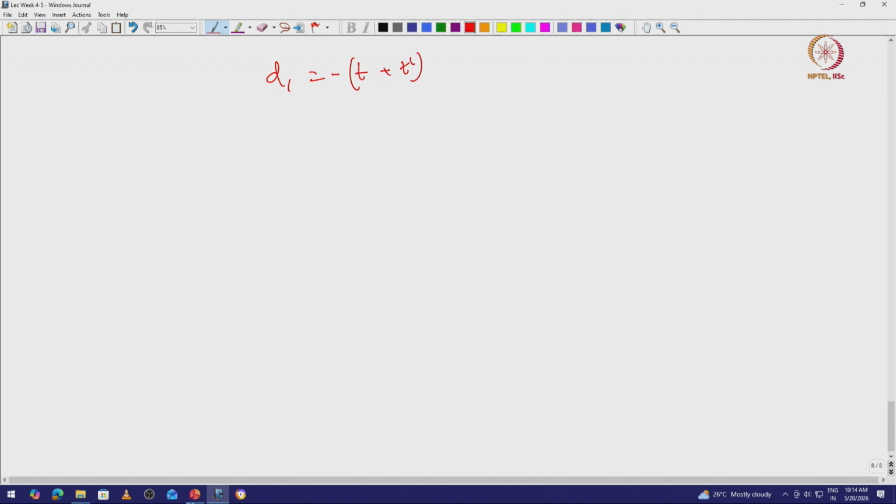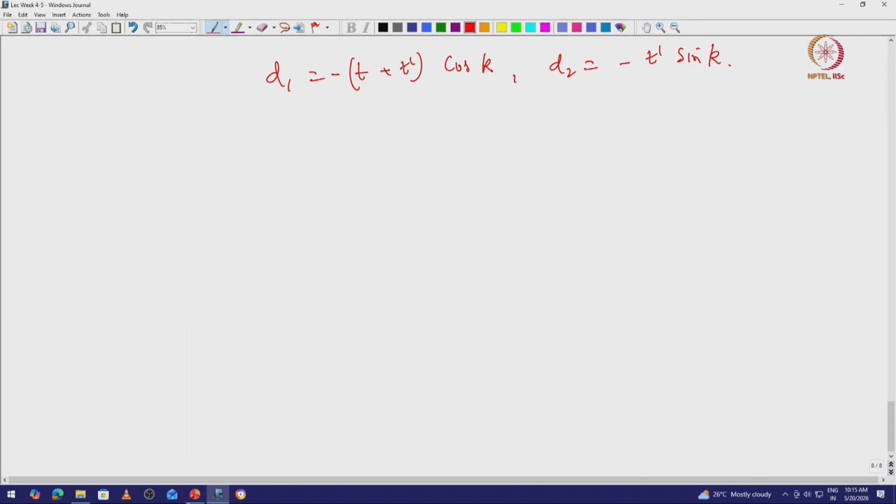So, this minus sign is a convention, one does not require a minus sign in general, and d2 is minus T prime sine k, and the eigenvalues and eigenvectors will remain the same. Okay. All right. So, now comes the interesting part.